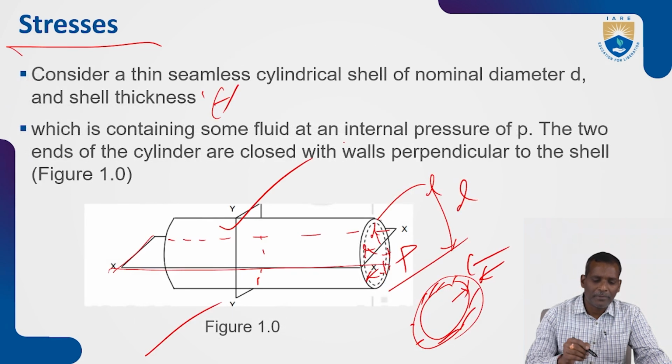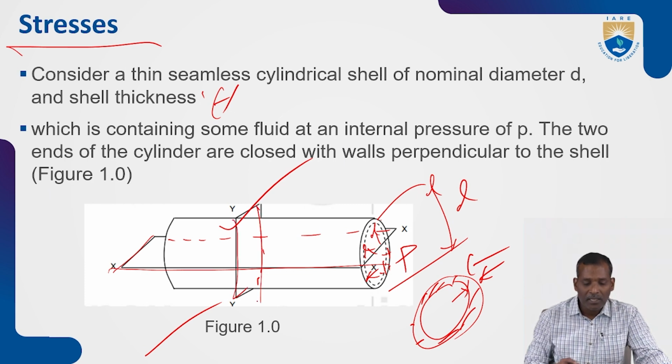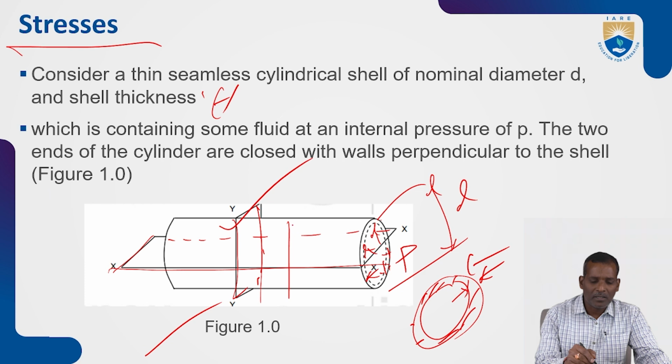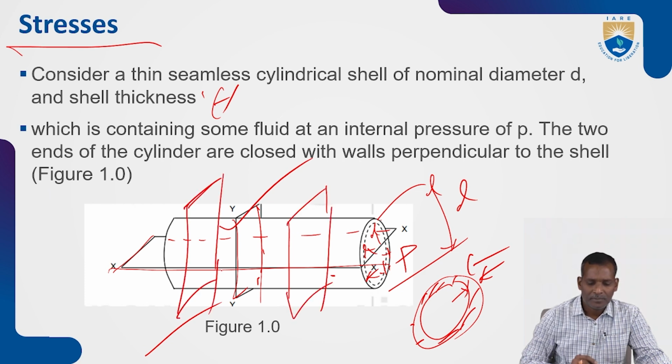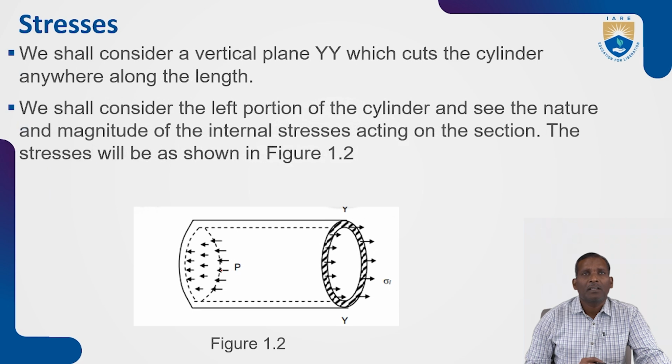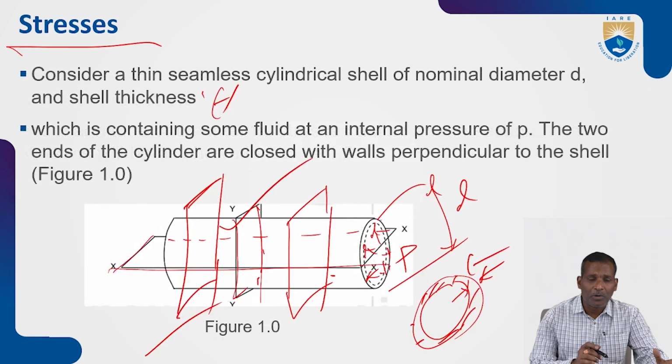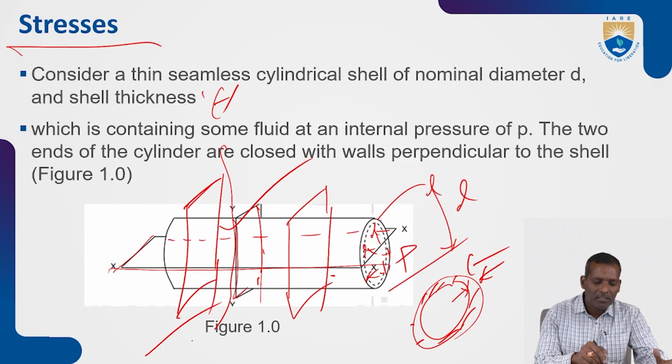Here you can take it, or here, anywhere. We shall consider the left portion of the cylinder and see the nature and magnitude of the internal stresses acting on the section, the left portion of the cylinder.